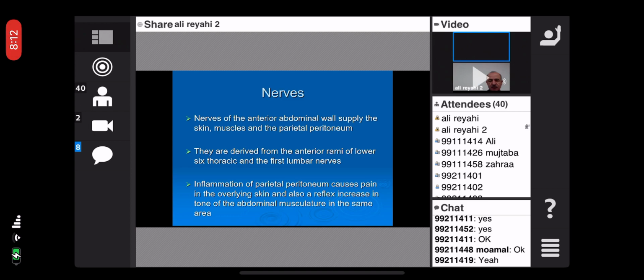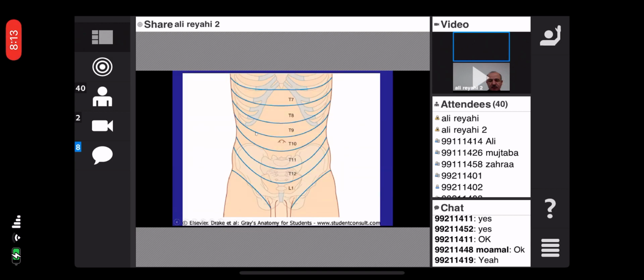Okay, the inflammation of the parietal peritoneum causes pain in this area, okay, and the skin becomes sensitive at this level. Okay, and also a reflex increase in tone of the abdominal muscle in the same area.